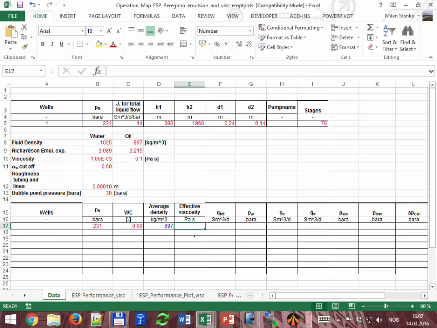Now the viscosity, here we have to use our emulsion behavior, okay. I know that for here doesn't matter, it has to have only the viscosity of the oil, right? But I want it to be a function of the water cut. Remember, in reality again, it's a function of the water volume fraction, but we are assuming that they are the same.